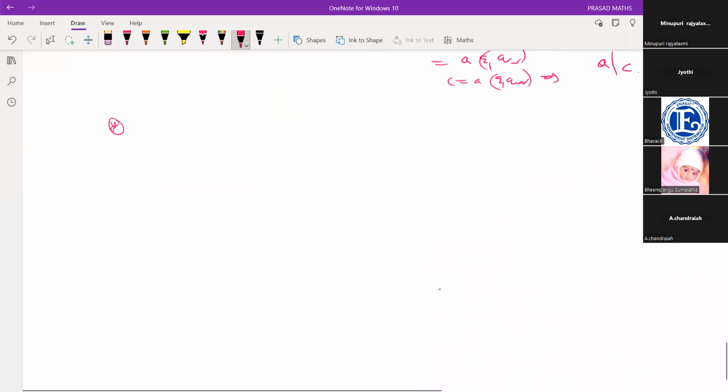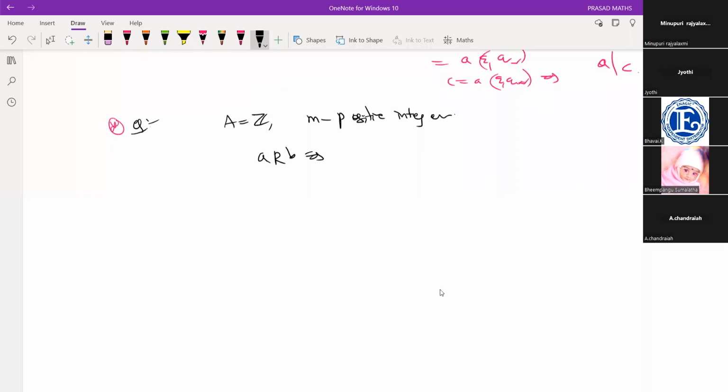Suppose you take this example. Here is my set of integers. Take any positive integer M. A is related to B if and only if M divides A minus B or B minus A. This is a very important relation in group theory, by which we can define an equivalence relation, and the equivalence class of that integer, equivalence class of 0, equivalence class of 1, by which you can define Zn, the set of all equivalence classes.